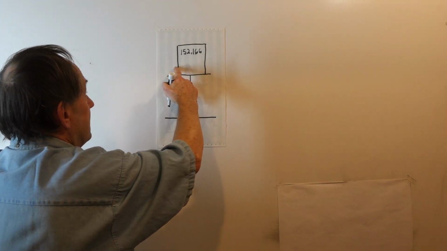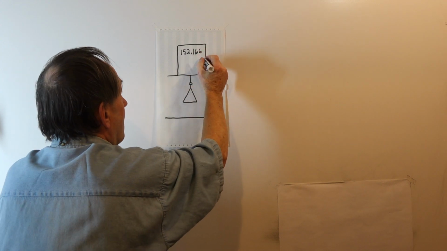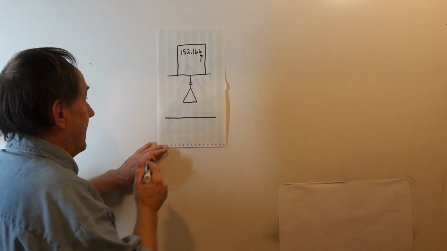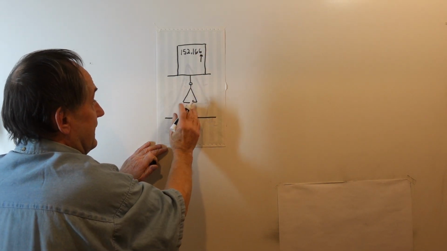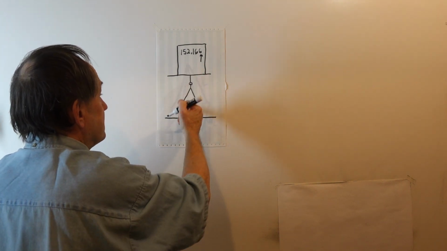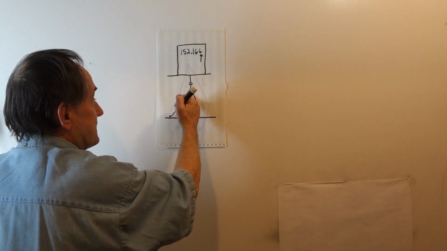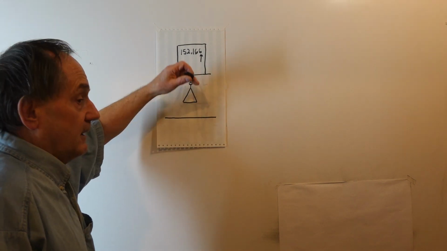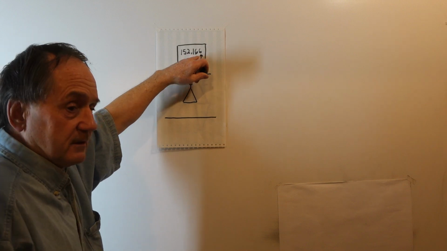You have a very sensitive weighing scale that can measure down on the order of milligrams. And suspended from this scale is a lead pyramid weight. And you first measure the mass of this pyramid as a gram force.